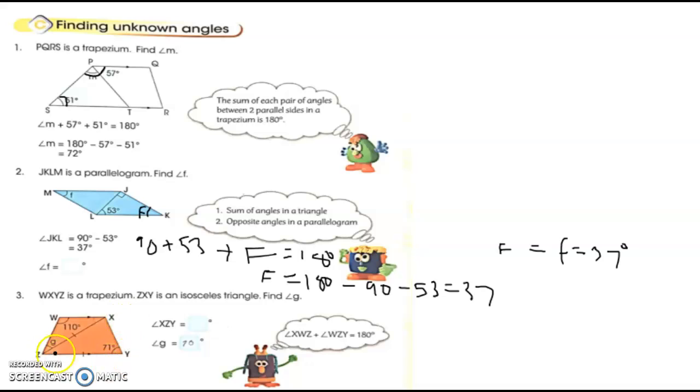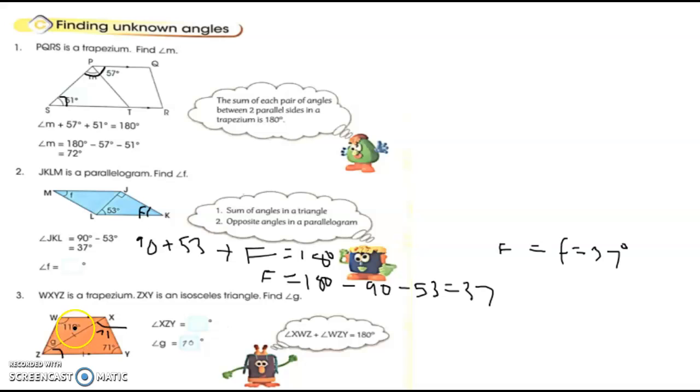ZXY, this is an isosceles triangle. Okay, find G. Now if this is isosceles, this also will be 71, I mean this angle, because these two sides and the angles under those two sides will be equal. Now can you find this angle?